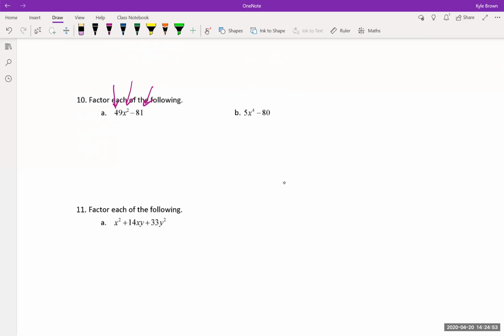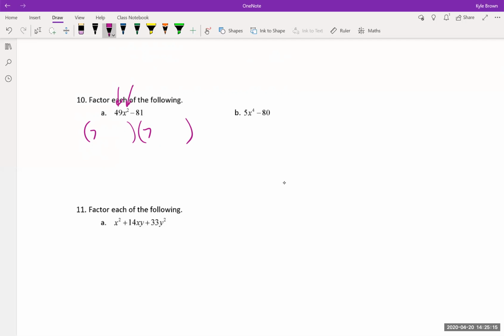So the way we factor these is we write down our brackets. And then we look at the first one and I say, okay, well, what number gave me 49? Well, that came from going 7 times 7, right? The square root of 49. So I just put the square root of 49 into both. And then how did I get that x out of this thing?